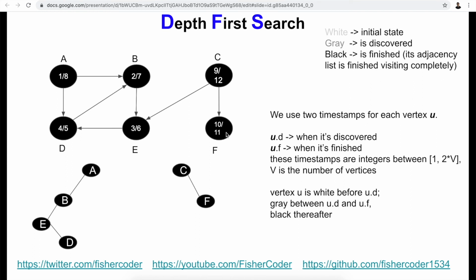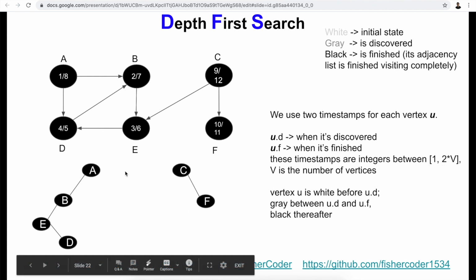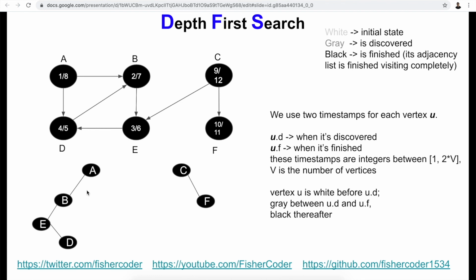Now let's take a look at the start time and end time. The start time is 1, the very start time of this entire graph, and the finish time is 12. 12 is twice the number of vertices, which is 6, which meets this definition. It's between 1 and twice the number of edges. Again, you see here, we produced a depth first forest.